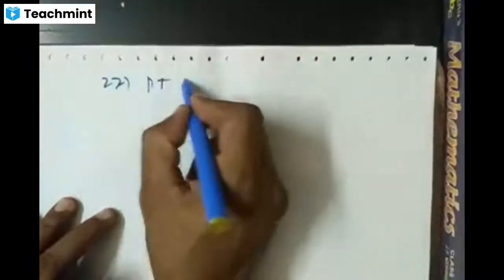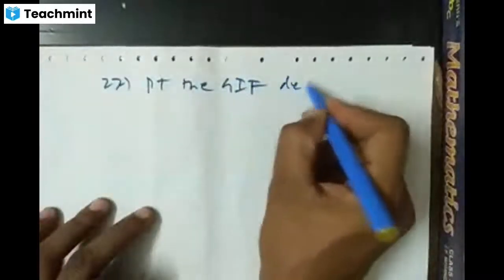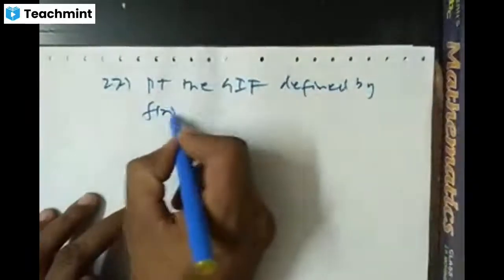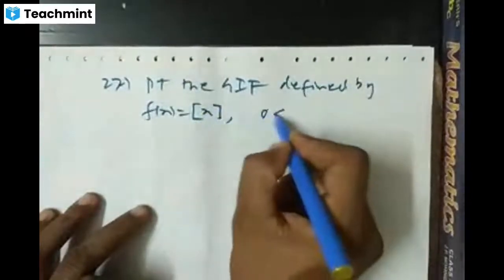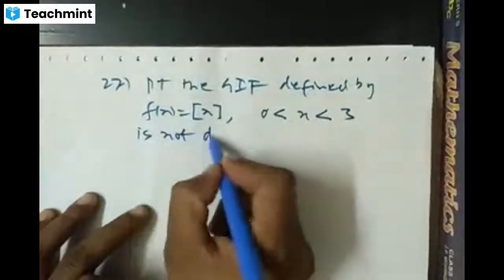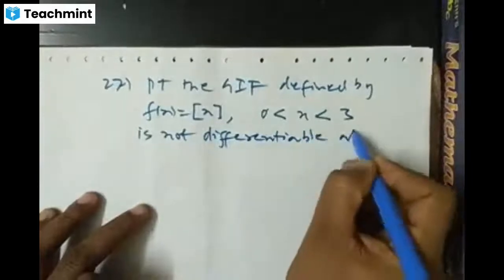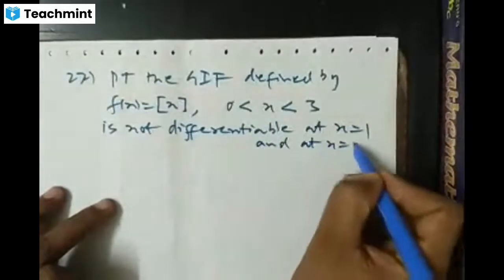27th. Prove that the greatest integer function defined by f of x equal to [x], for x lying between 0 and 3, is not differentiable at x is equal to 1 and at x is equal to 2.